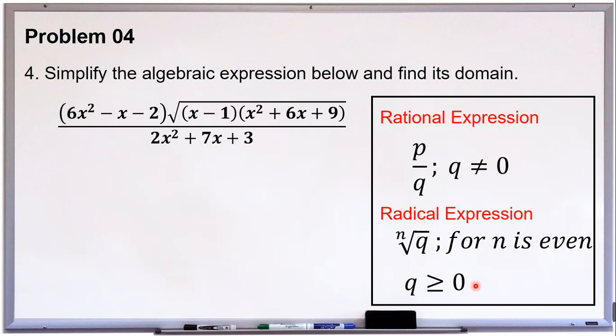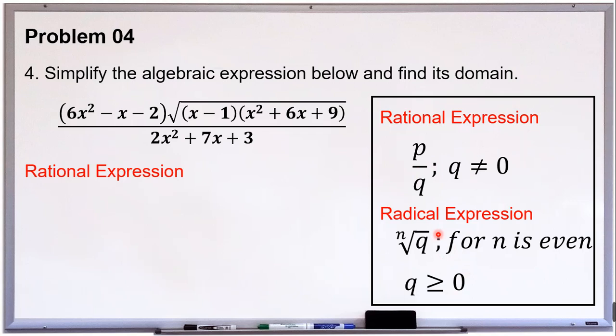Remember that in our discussion, we're only limited to expressions that produce real number values. So if we have a negative expression inside the radical, it will make the expression complex or imaginary. Now, given that we have two restrictions, for rational and radical, let's evaluate each of these restrictions.